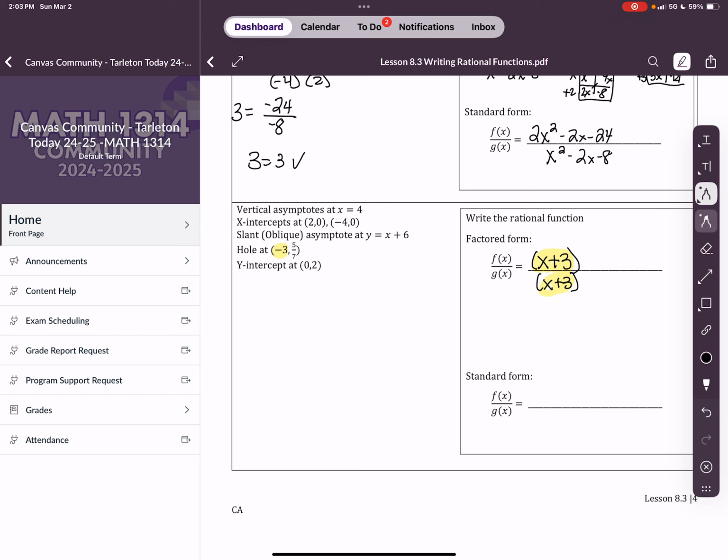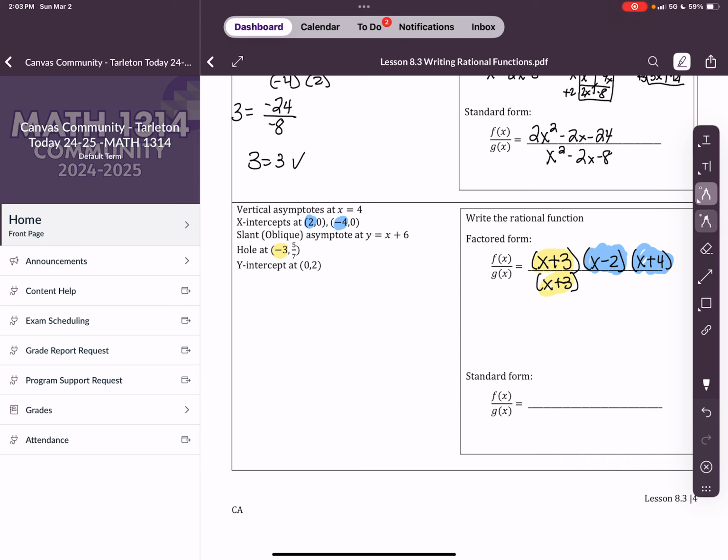Okay, moving right along onto the top, I would have my x-intercepts. I have an x-intercept at positive 2 and one at negative 4. So if the x-intercept is at x equals 2, the way I would write that is x minus 2 in factored form. And if I have an x-intercept at x equals negative 4, to write it in factored form, I would write x plus 4. All right, so those came from my x-intercepts.